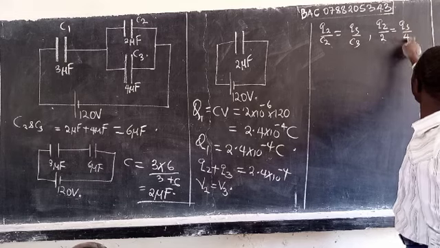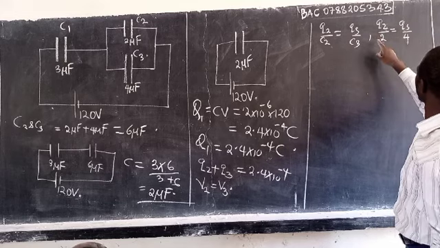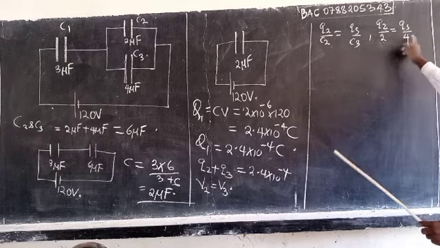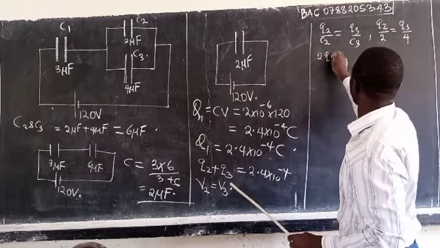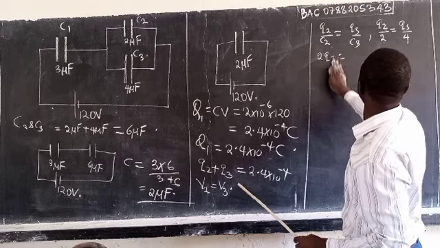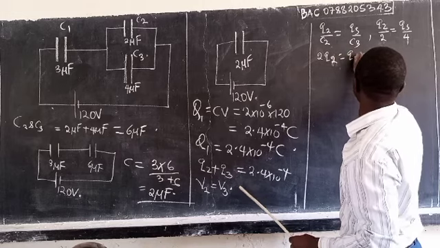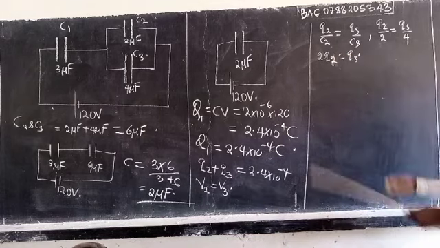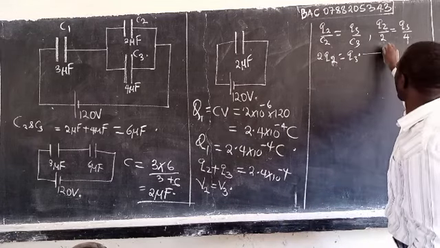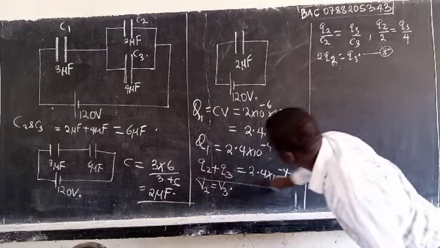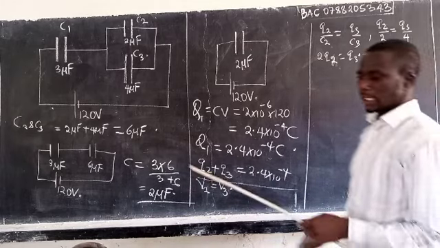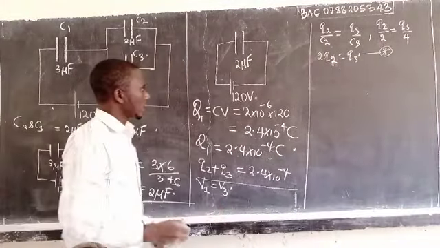Cross multiply this 4 here, this 2 there, and when you cancel by 2, 1, by 2, 2. So the 2 Q2 is equaling to Q3. So when we do that, now when I bring this one and substitute in this one, I have the capacity to get all that I want.